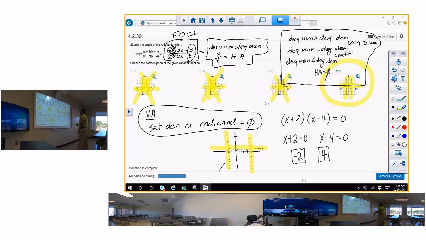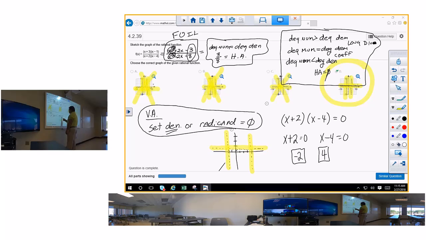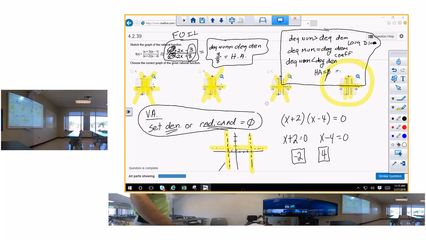To find the vertical asymptote, you either set the denominator or the radicand equal to 0, and that's where the vertical asymptotes are. So I hope that helps. Let's go to the next question.